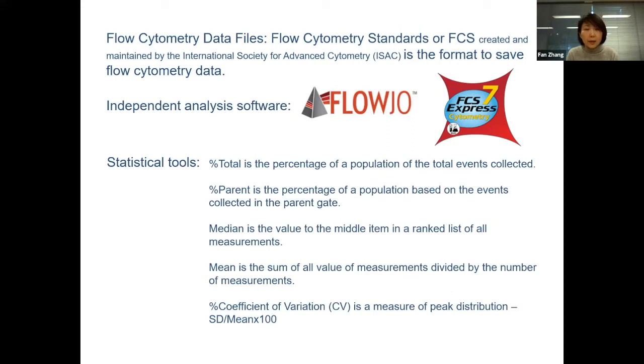For example, percentage total or percentage parent can be used to calculate the percentage of positive population. The median or mean fluorescent intensity can be used to compare the level of expression across different conditions.